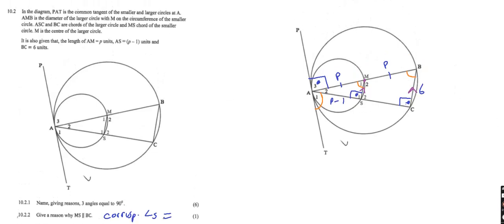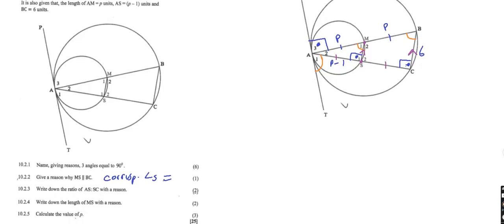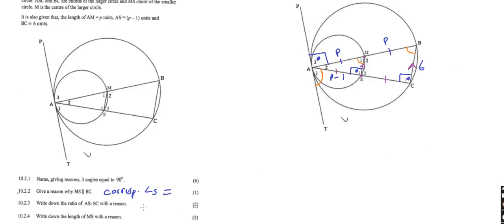Let's move on. So if they are asking for the ratio of AS to SC, because S is going to be the midpoint of AC, then it means AS will be equal to SC, and the ratio of two equal sides is 1. So the answer is 1.